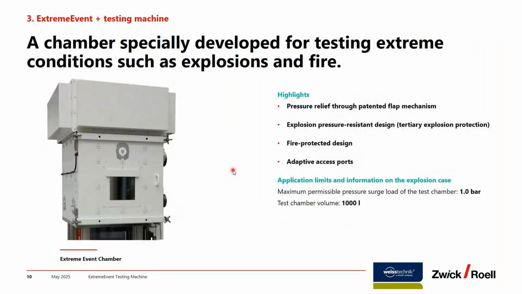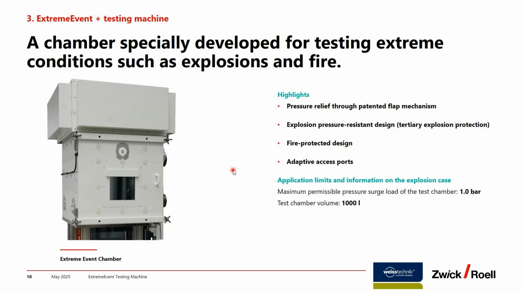For the chamber itself, Weiss Technik has developed this chamber with a patented flap mechanism. This means the flaps will open at the latest at 1 bar pressure inside the chamber. As I mentioned, depending on the flap, maybe it's a little bit earlier. The test volume is 1,000 liter.